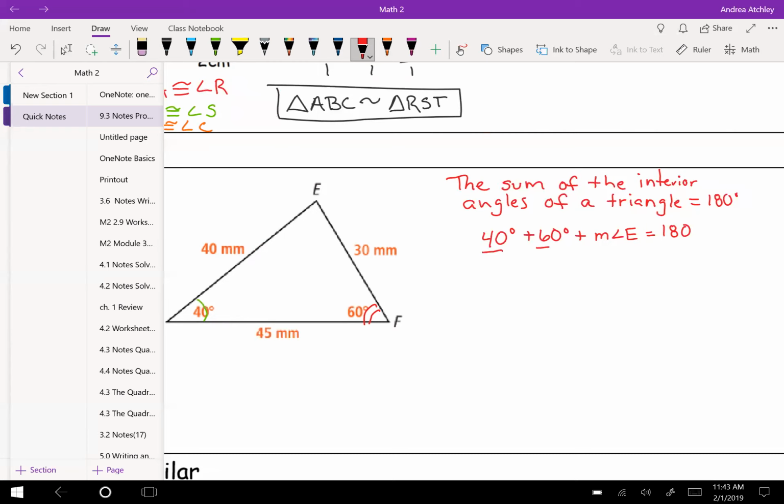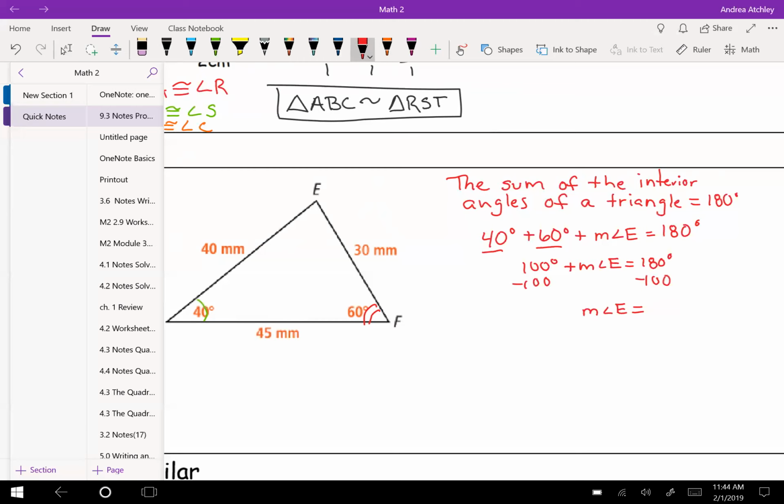So 40 plus 60 is 100. I'm going to subtract 100 from 180. What's 180 minus 100?